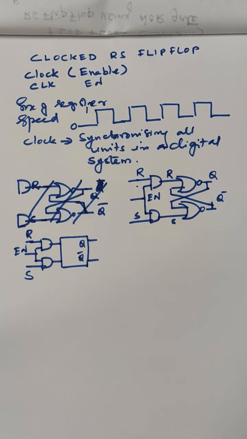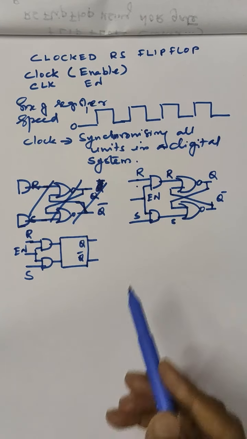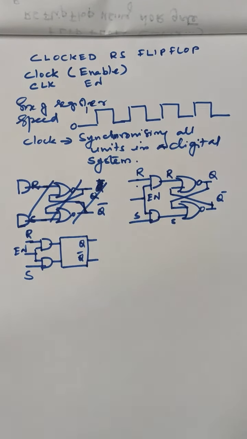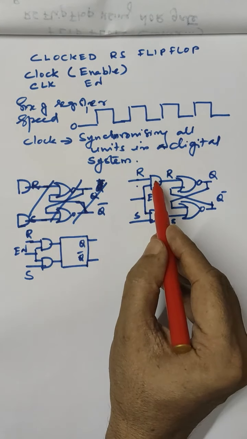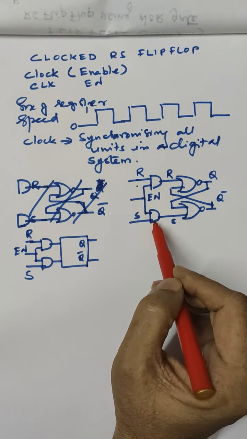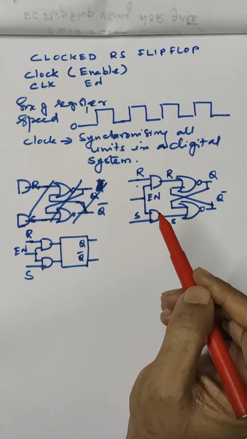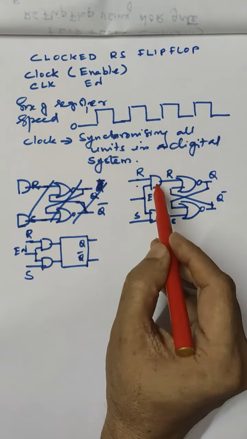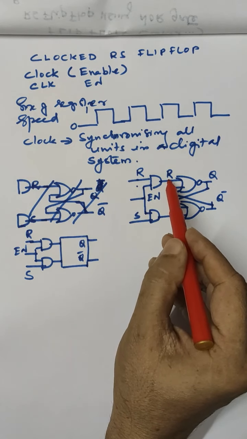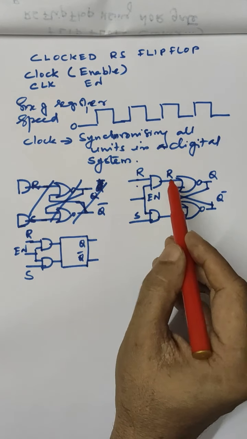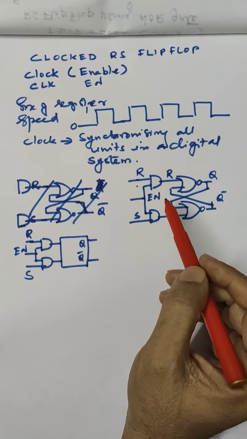What is the function of this enable? By looking into this you can see that these are two AND gates. So according to the property of an AND gate, the output of the AND gate is a 1 only if both inputs are 1.